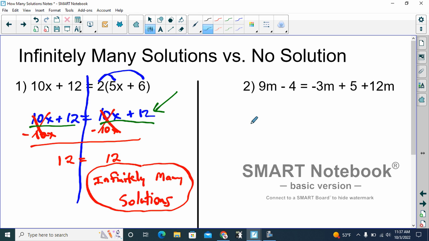Taking a look at example 2, we have 9m minus 4 equals negative 3m plus 5 plus 12m.